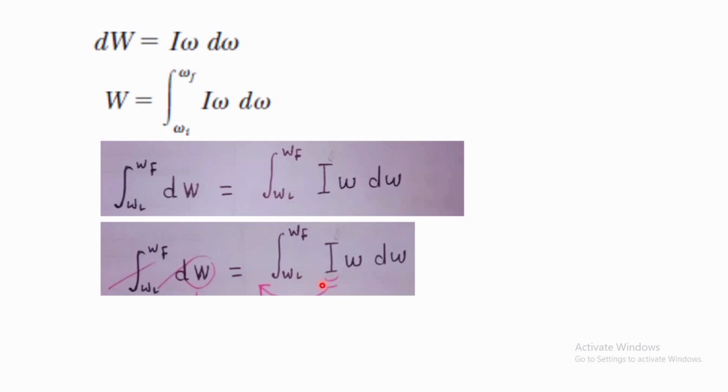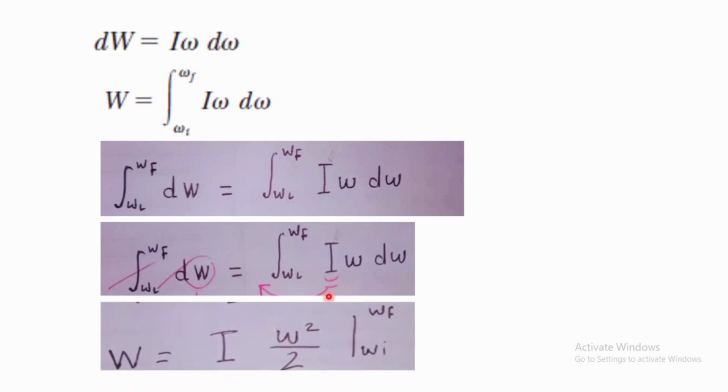First of all, I is a constant, so we're going to take it out of the integration, and it leaves us with omega d omega, like the integral of x dx. So the integration for that will equal omega squared over 2, starting from initial and ending with final.